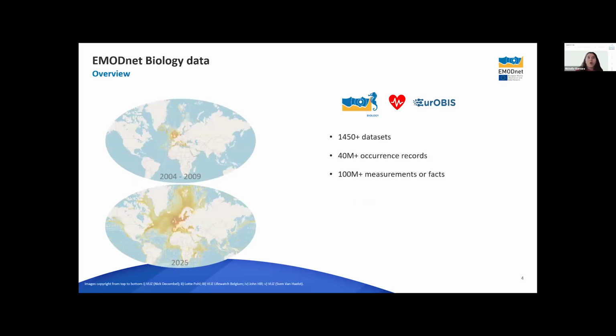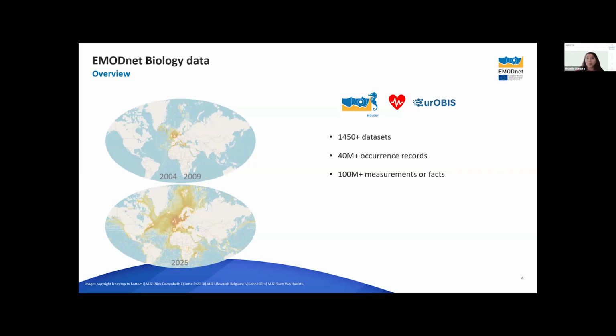Okay, so where is the data coming from and what does it look like? So EmmetNet was established in 2009, as I mentioned, and in the same year, EmmetNet Biology started working as a wrapper around the European Node for OBIS, which is a global initiative with the same aim. And so it would use the Eurobis infrastructure as a backbone and would develop from it to bring together marine biodiversity data.